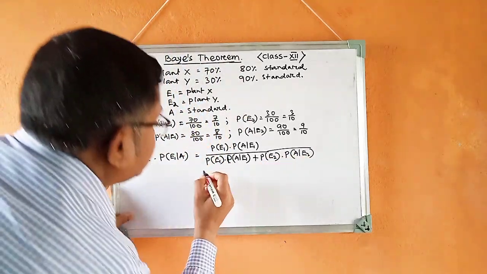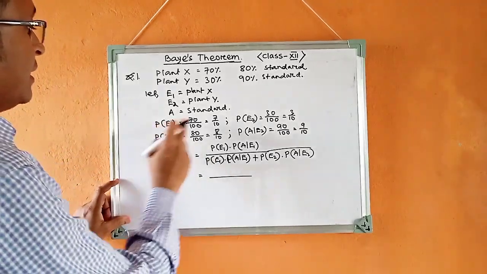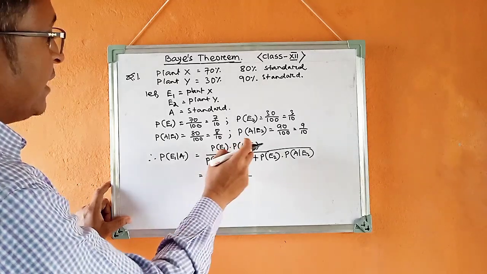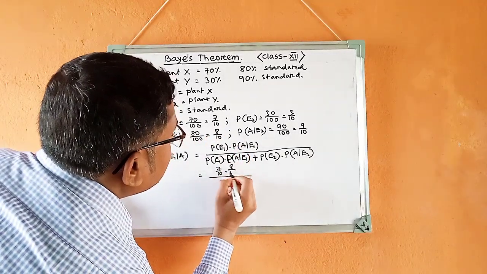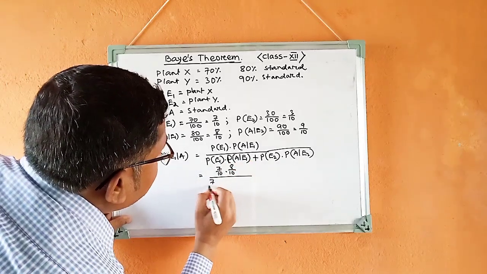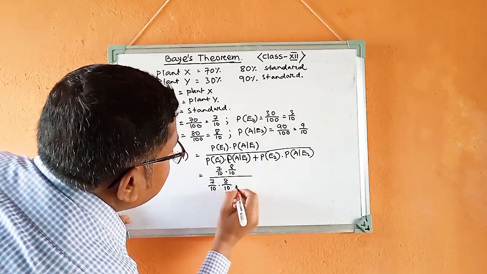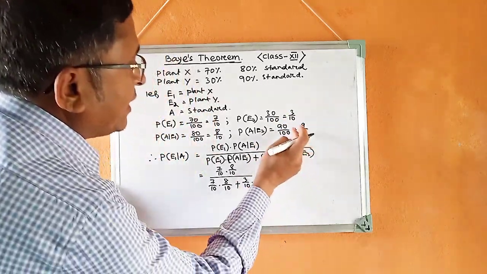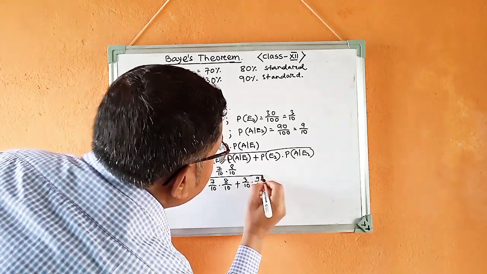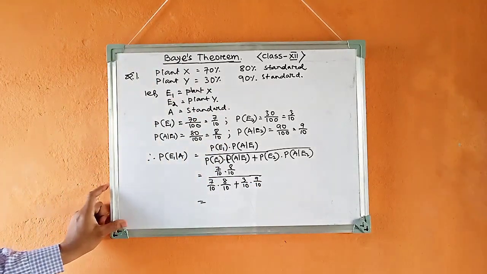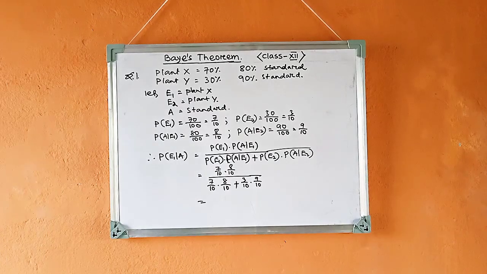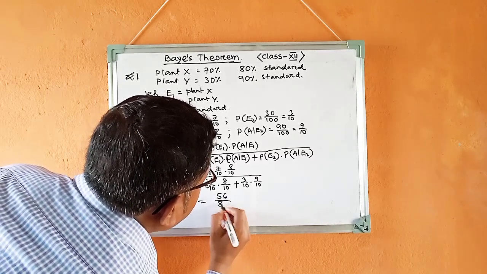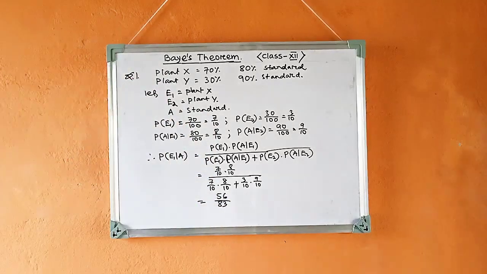Now put all the values. P(E1) is 7 by 10, into P(A|E1) that is 8 by 10, plus P(E2) that is 3 by 10, into P(A|E2) that is 9 by 10. After calculation we get the final result as 56 divided by 83.